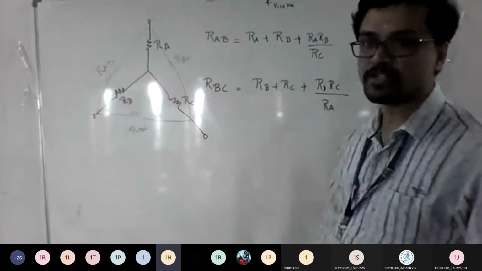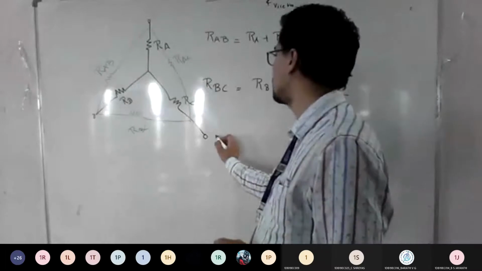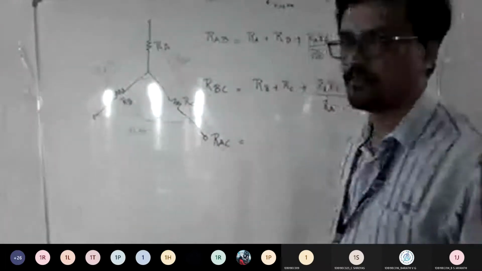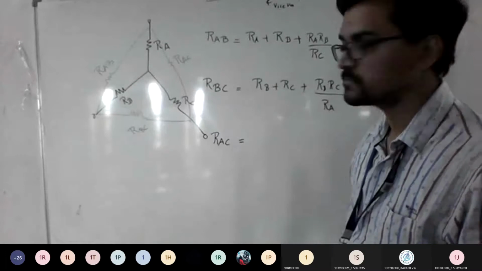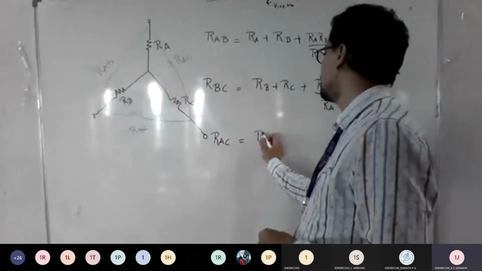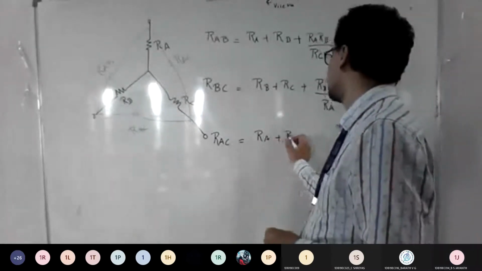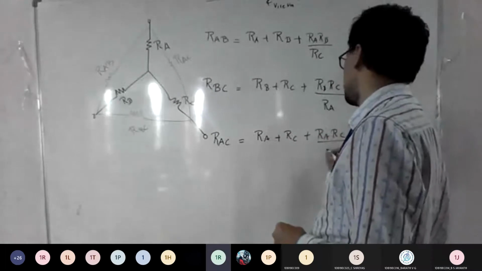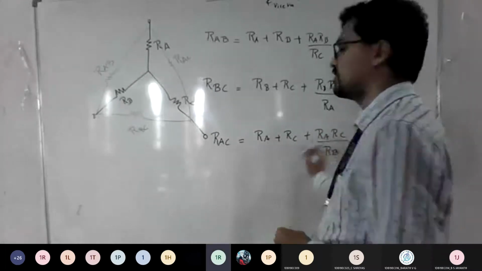So now everyone got the logic of how to convert star to delta. In the same way you finish off with the last formula, RAC. RAC formula: RA plus RC plus RA RC, divided by the opposite resistor, RB.